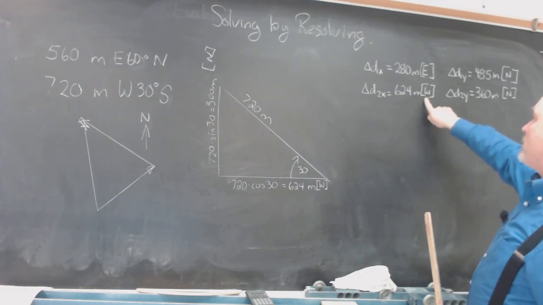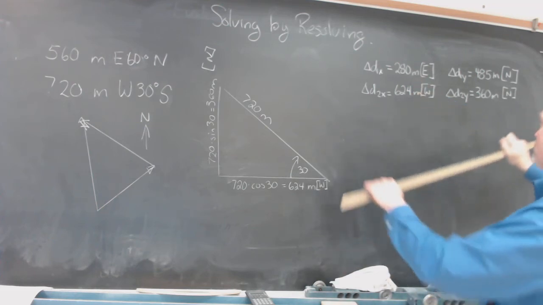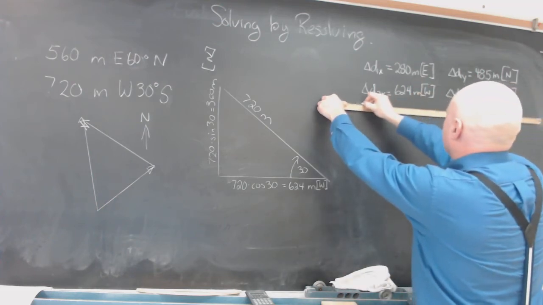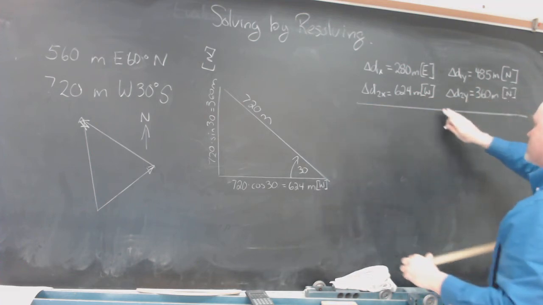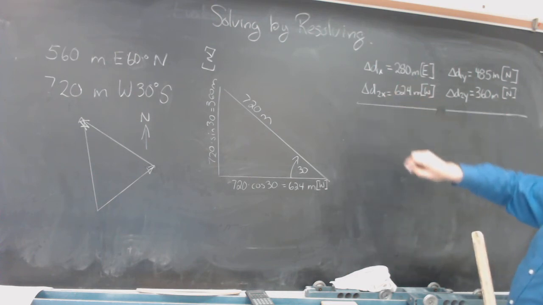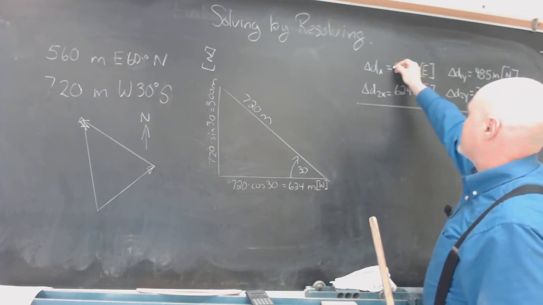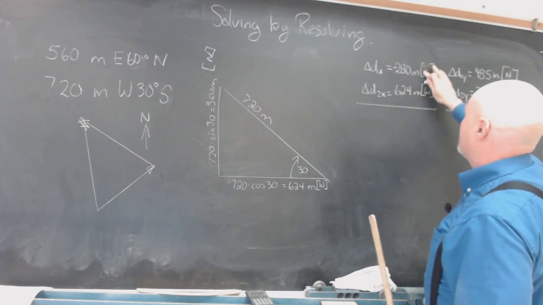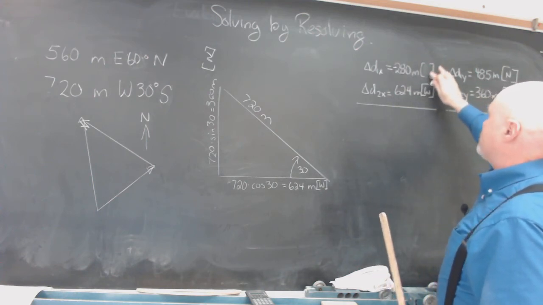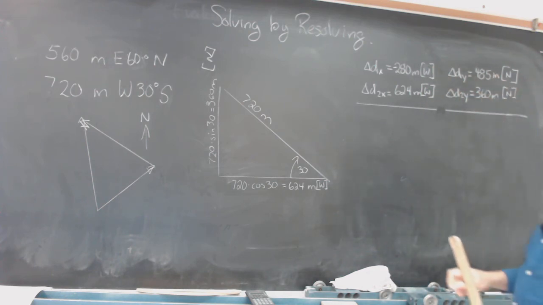What we do have to be aware of, though, is that this is east and this is west, and so when we go to add these components, it's not going to be just as simple as just adding those two numbers. We have to turn one negative, and so I'm going to turn the west one into negative 624 meters, and I'm going to leave north as my positive.